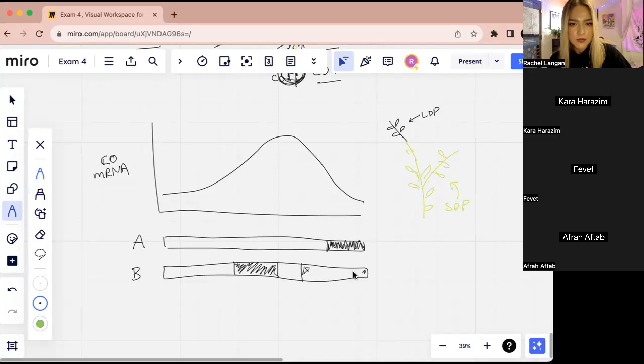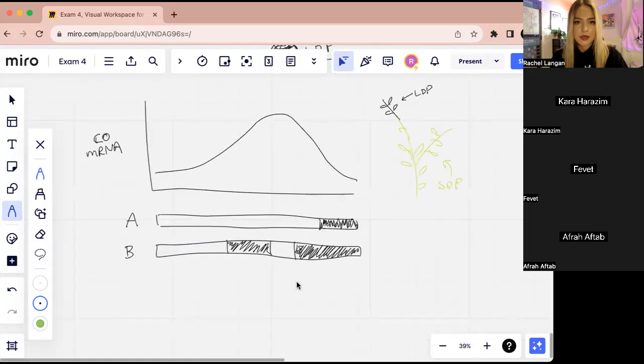Okay, and then I would ask you, would you expect flowering in each of these cases?